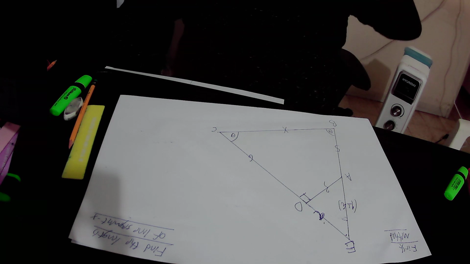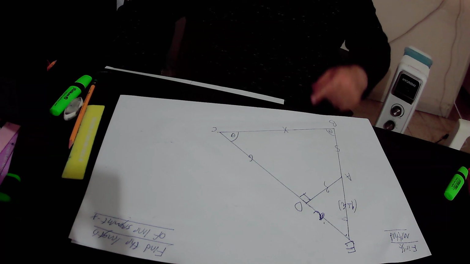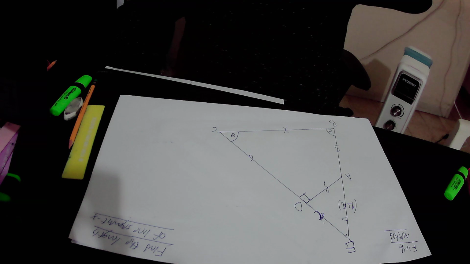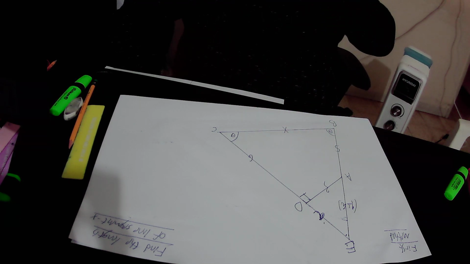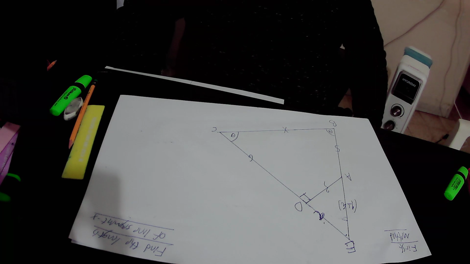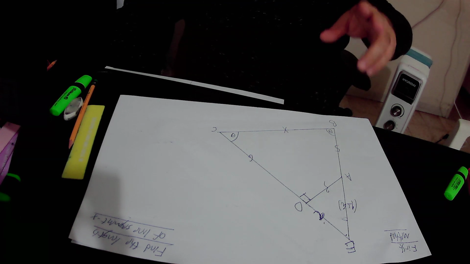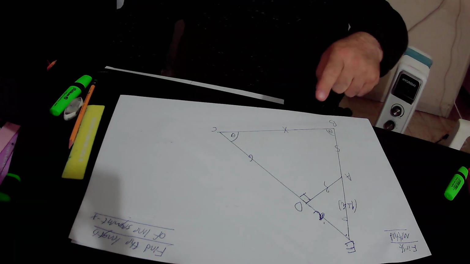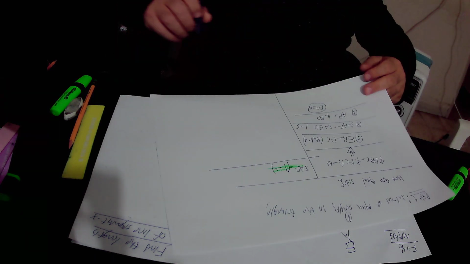CD is a straight line, and when we extended the straight line CD by a straight line, the result is EC. That must also be a straight line, because when you extend a straight line by a straight line, the result must be a straight line. So you can write down that EC is a straight line.